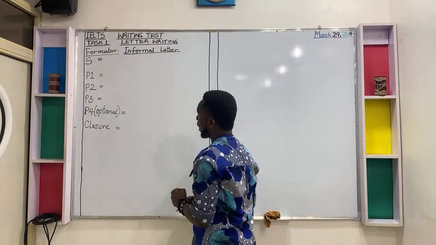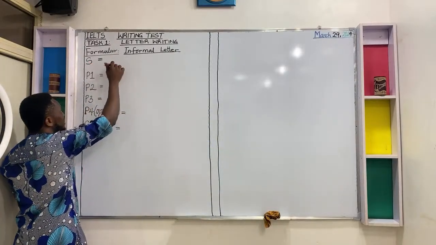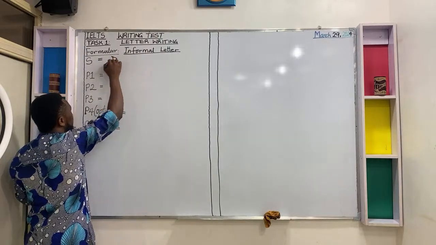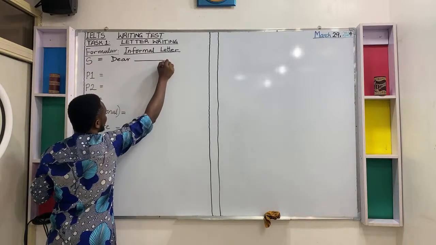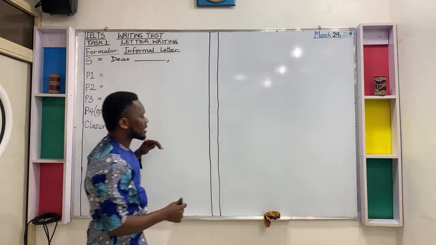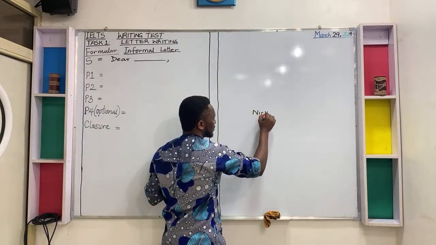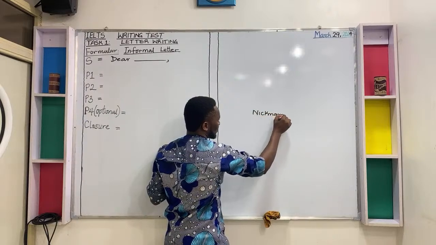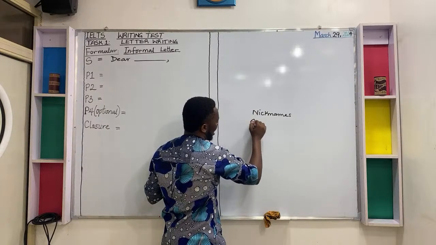So let's look at how your informal letter should appear. First, S stands for salutation. So your salutation for an informal letter must begin with the word dear, dear mother. And in informal letters, nicknames are allowed. In informal letters, acronyms are allowed.